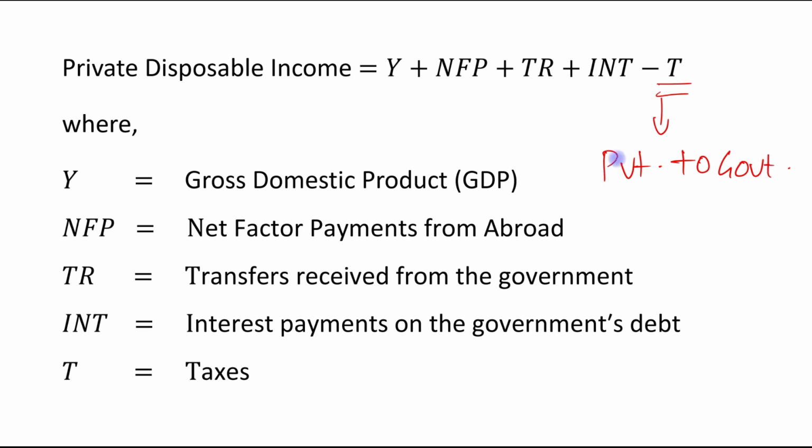So we can say that this is an expenditure for the private sector, and that is the reason we are subtracting it. Okay, is the logic clear? Taxes are a payment, an expenditure, of whom? Of the private sector. And we are calculating private disposable income, meaning the income of the private sector, and that is the reason we are deducting this expenditure.